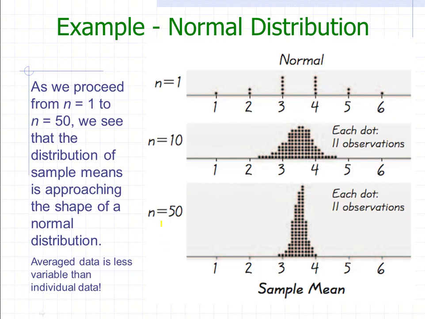If we make our sample size 50 and look at many, many samples, again we get a normal distribution, and its spread is much less than for an individual. That's because the standard deviation of the sampling distribution is divided by the square root of n. Average data is less variable than individual data.